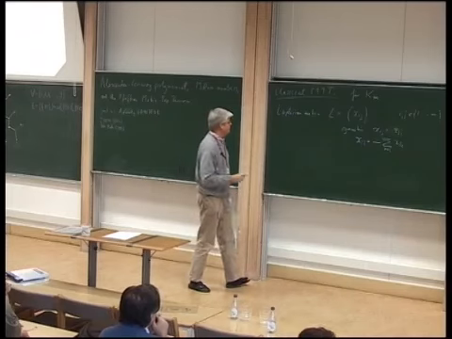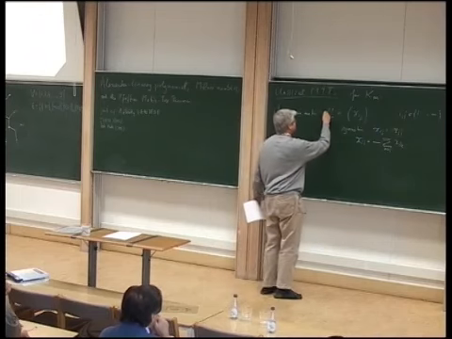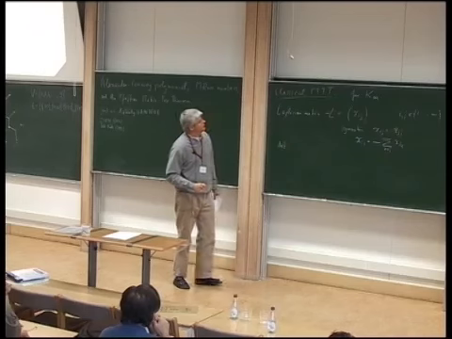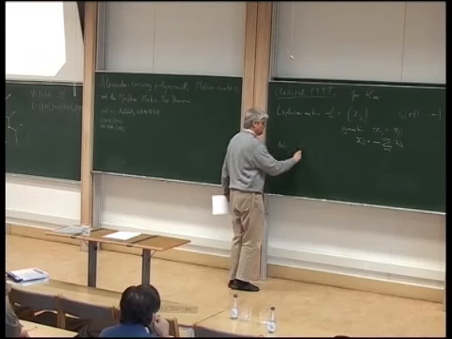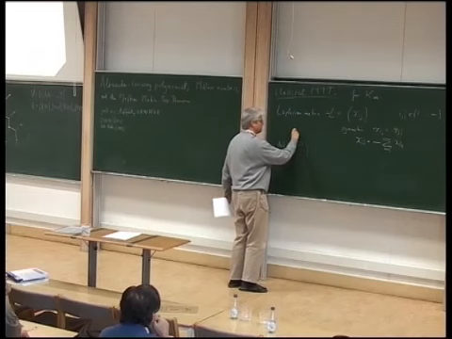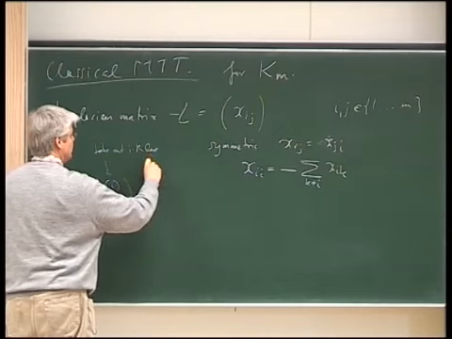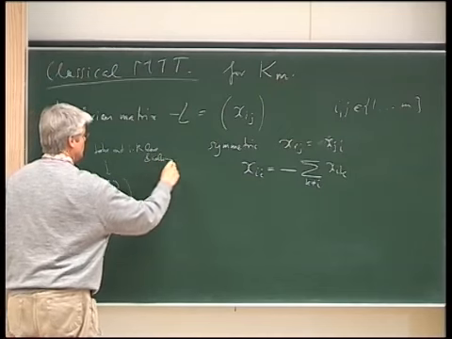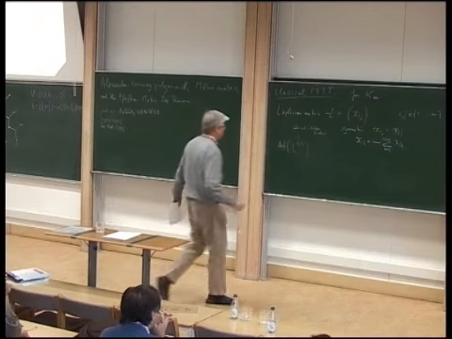And then the theorem says that if you take the determinant, in fact, I should probably take a minus sign here, the determinant of this matrix L, I take out any line or column, so this means take out the ith line and column. I hope you can read this. Can you read this? Then this is the sum over spanning trees.